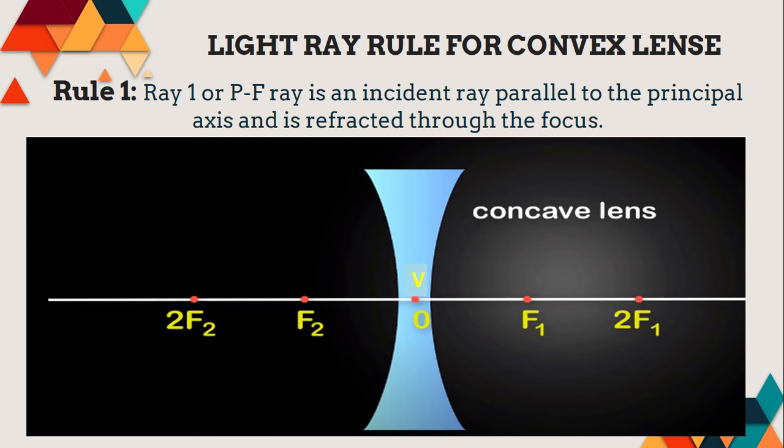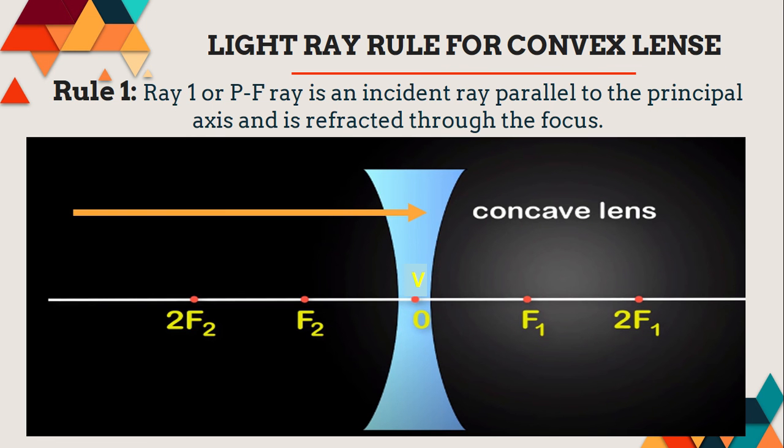So, again, rule number 1. So, the PF ray. So, kung tatama, so ito siya. Kay concave lens, yun siya ay diverge, magda-diverge siya. So, tatama dito, magda-diverge. Pero, sabi nga natin, ugaliin natin na mag-extend. Kasi, magre-refract siya through the focus. Yan. So, nag-refract na siya kay focus pag in-extend natin.